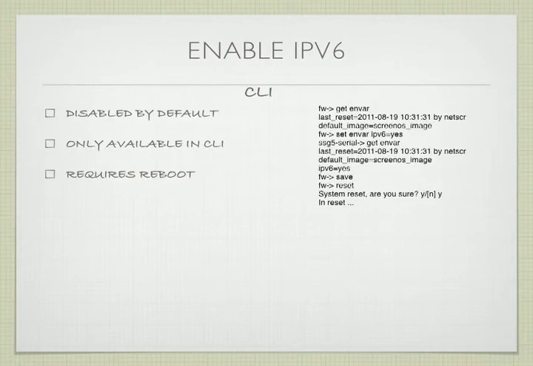It does require a reboot after it is enabled. So when you set the second command there, set envar IPv6 equals yes, and then when we do the get again, you see that IPv6 is enabled. We of course need to save everything we do on the command line and then reset the device to activate the stack. Simple process: set IPv6, save, and reset.